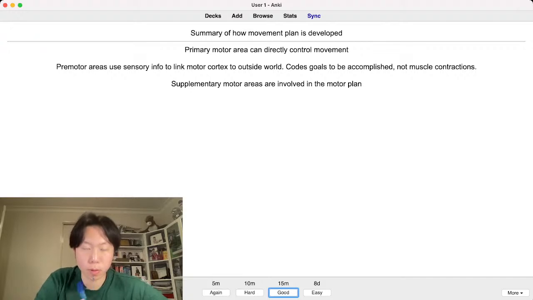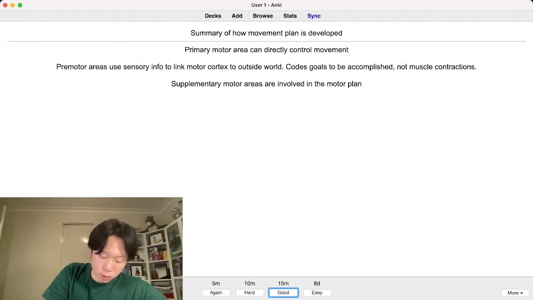Primary motor, and then you have premotor and supplementary. Primary does movement.